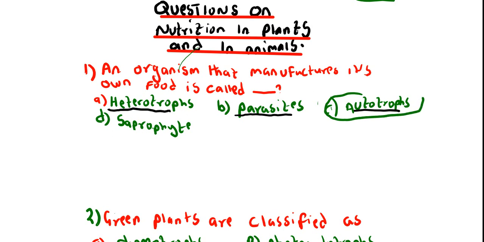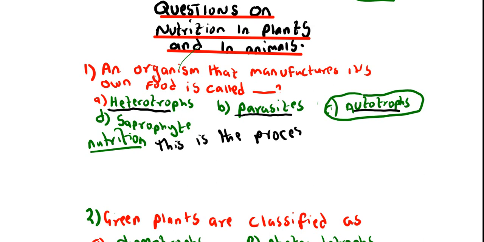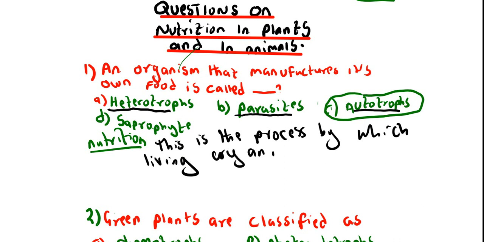Why are we picking autotrophs? For you to understand this, you need to first start by understanding what nutrition is. Nutrition is the process by which living organisms obtain food.